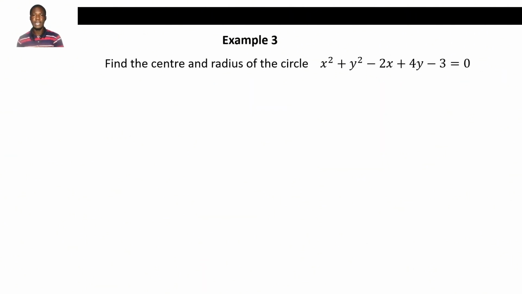Find the center and radius of the circle x squared plus y squared minus 2x plus 4y minus 3 is equal to 0. Solution. So comparing this with the general formula, we have our 2g to be equal to negative 2.